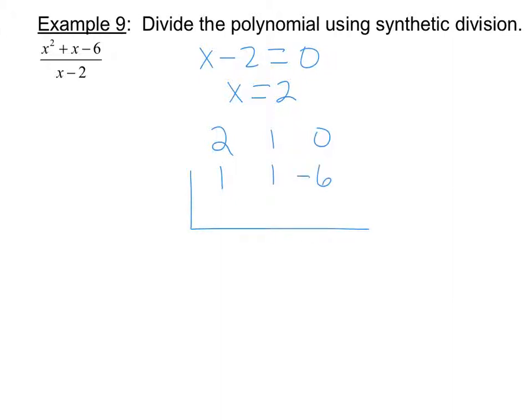Now you bring this 2 outside and down. If you need to, cross this off now. And what you do is bring down the first, and you multiply. 1 times 2. Add. 3 times 2. 6, add. So now, see how it started as x squared?